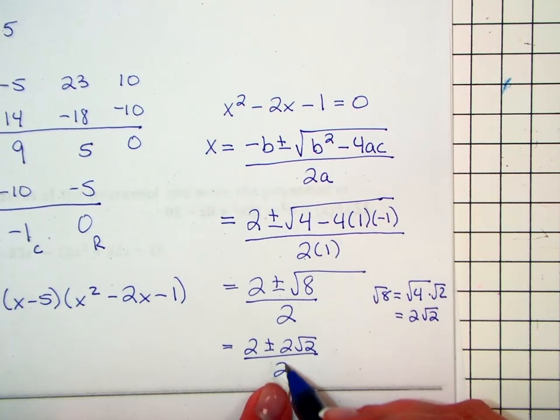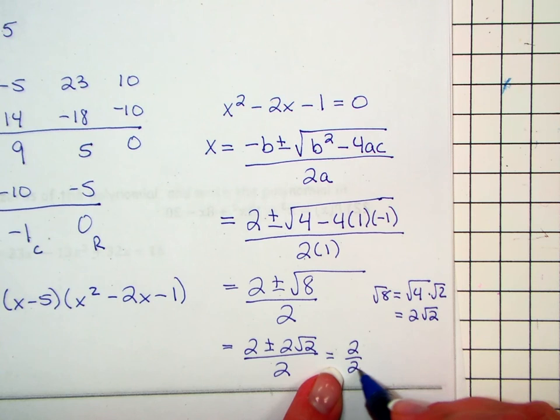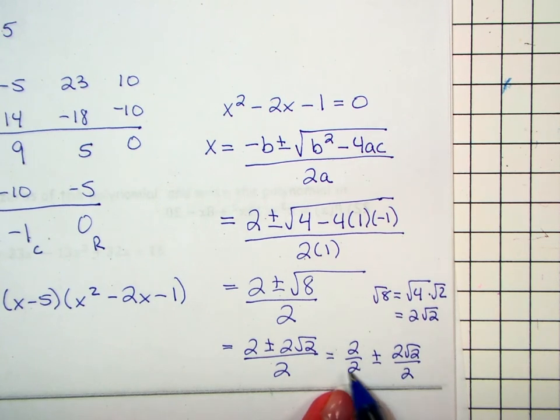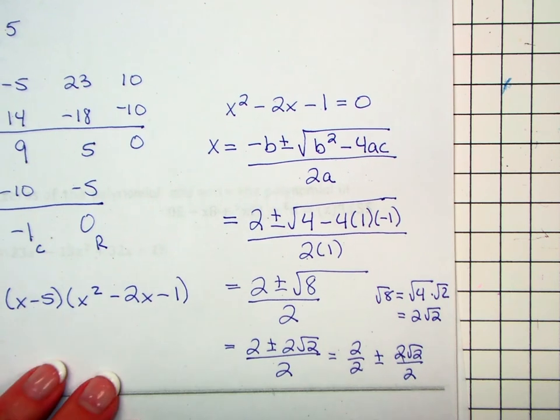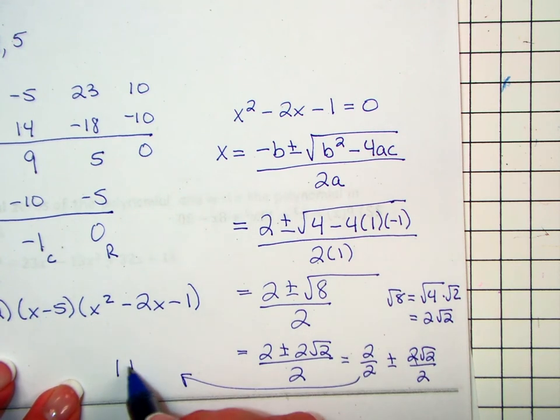Because you can't just cancel one side and not the other side on the other side of that plus or minus sign. So if you wanted to, we really have 2 over 2 plus or minus 2 rad 2 over 2, right? And you might split that up before you start canceling so that you don't get the wrong answer. So this is going to reduce to 1, and the 2's on the outside is going to reduce to 1. Sorry, I ran out of room over there. Let me write it over here. So I'm going to get 1 plus or minus rad 2.